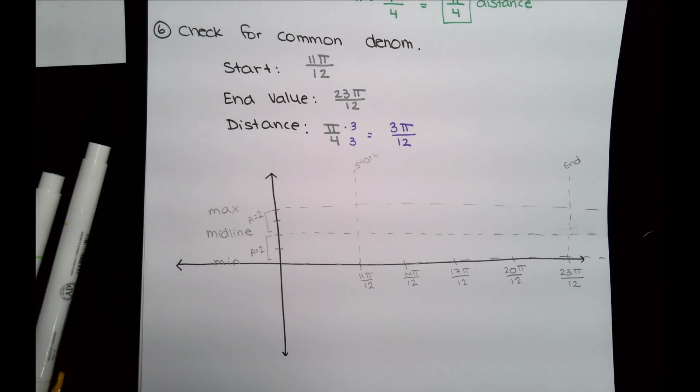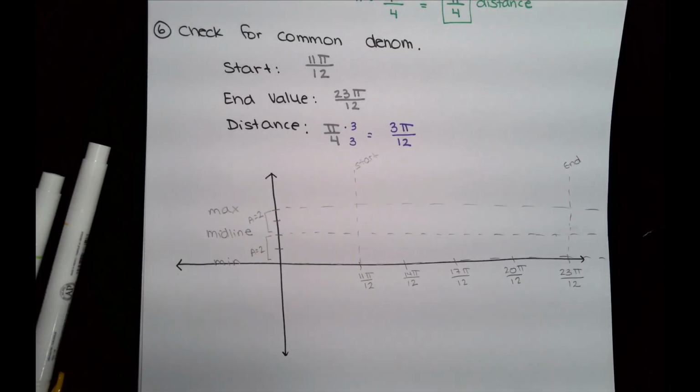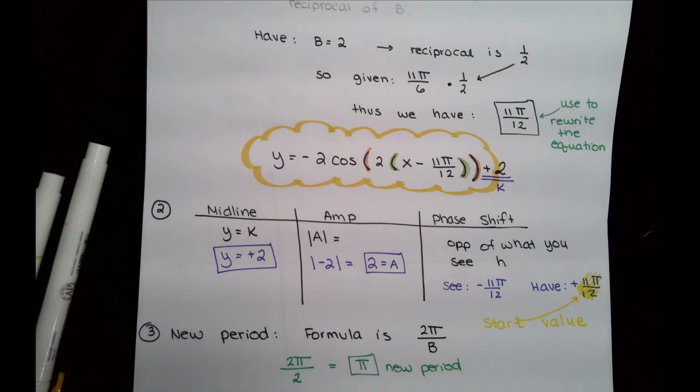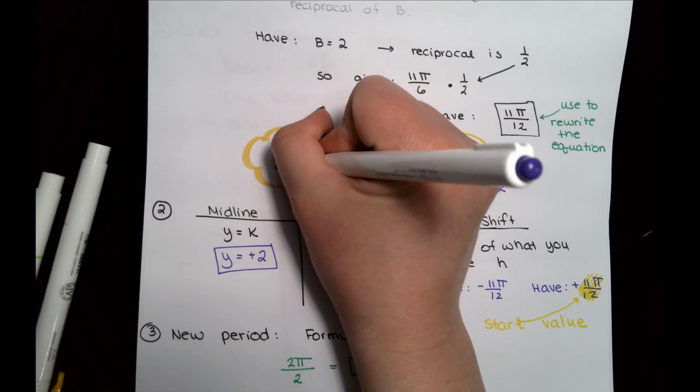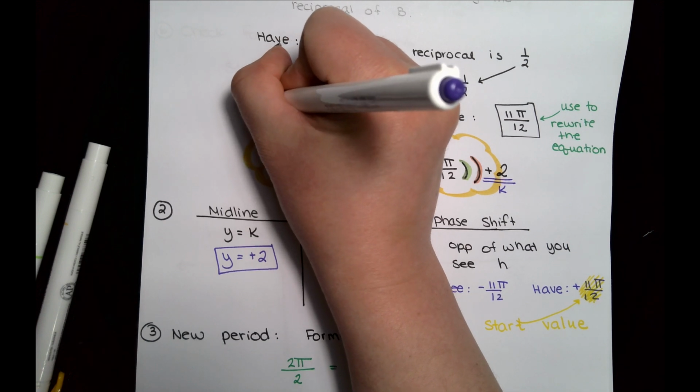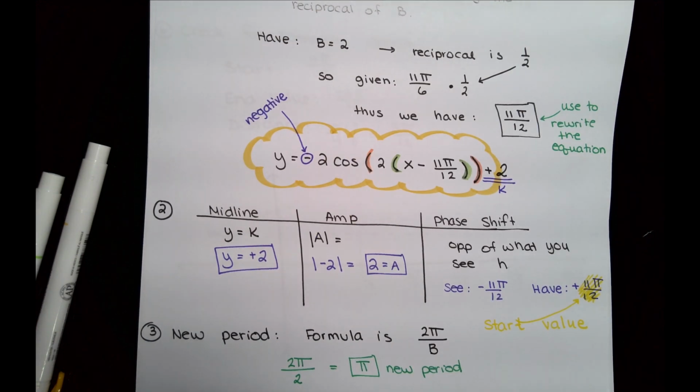Next, what function do we have? We have a cosine, but we have to be careful because what type of cosine do we have? Our equation, here's our thinking bubble, shows us that we have a negative cosine.